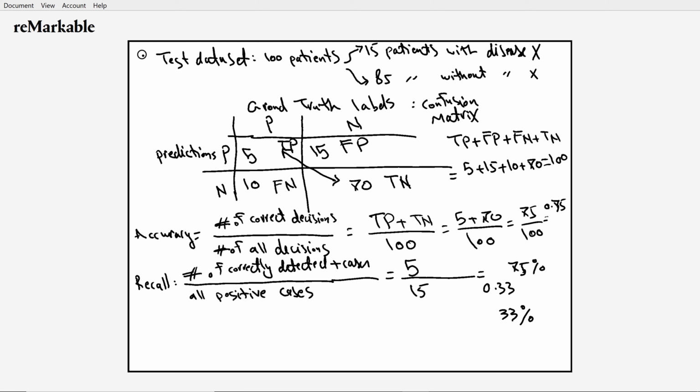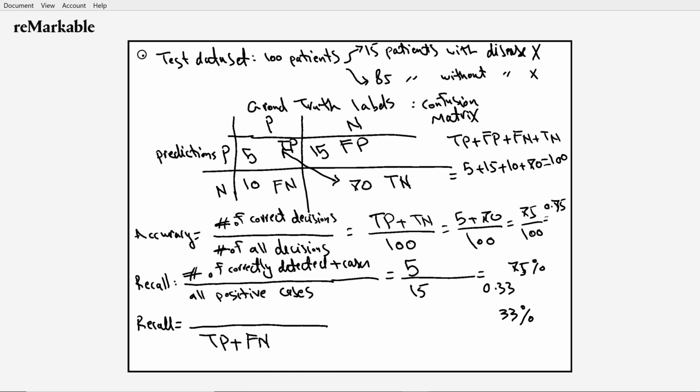All right, let's express this in terms of an equation using the four quantities in the confusion matrix. So we can say recall is, well, the denominator is all positive cases, and if you look under P in the ground truth, you have true positives plus false negatives. So this is all positive cases in your data set.